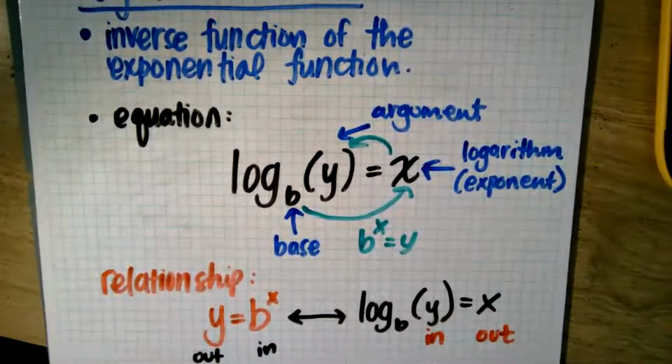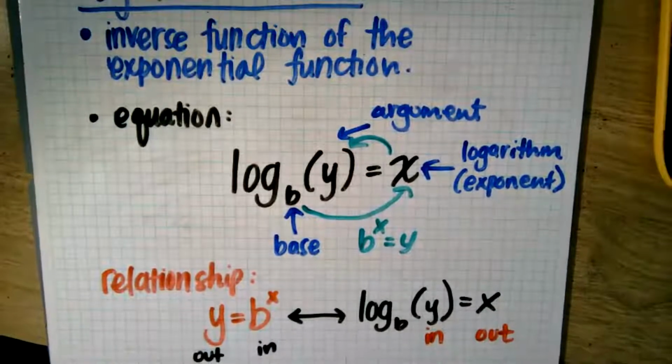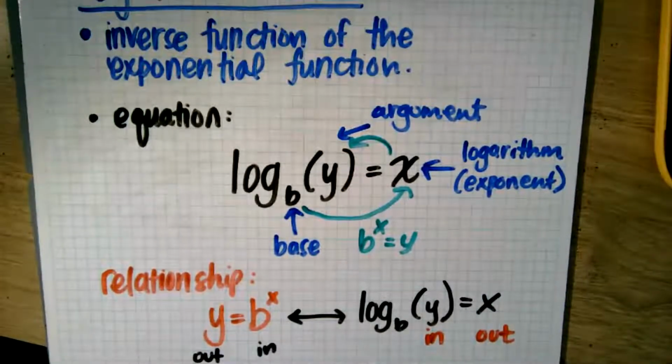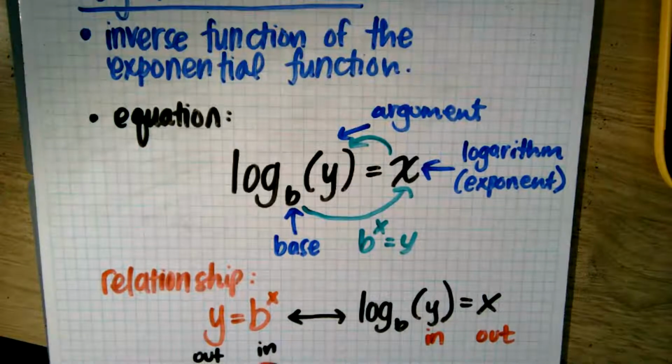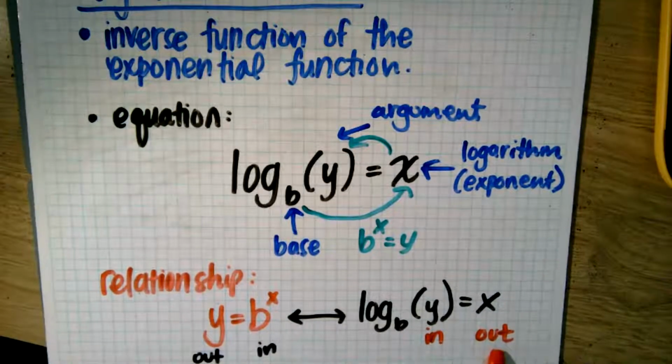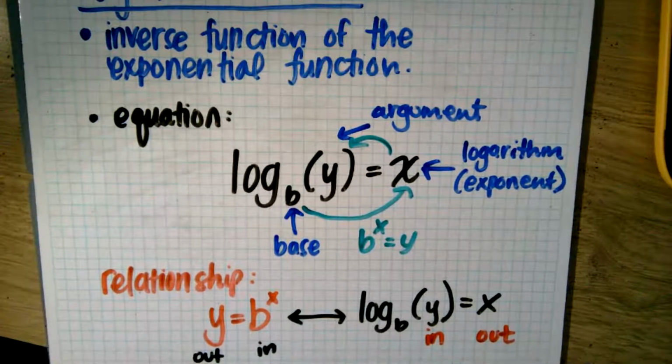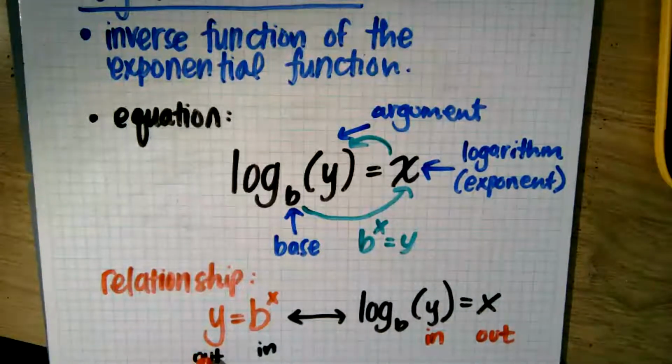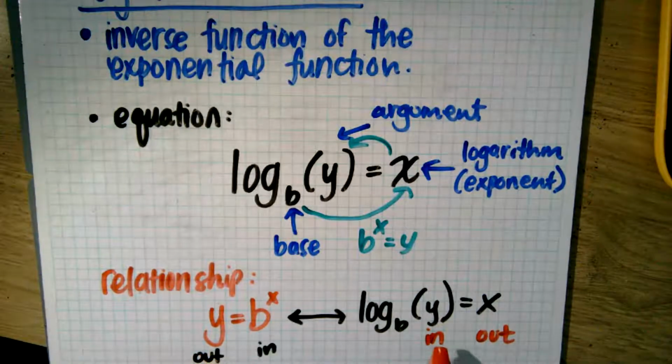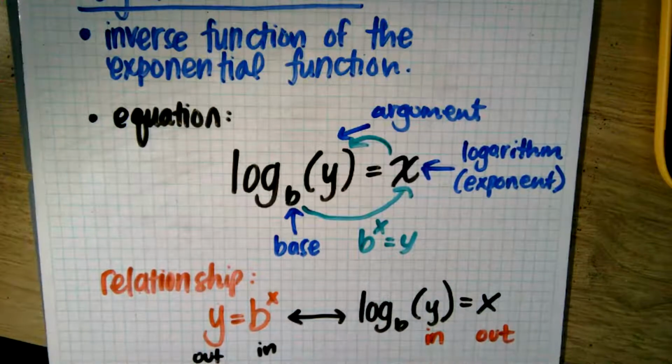Does it satisfy the definition of an inverse function? Yes, because the input of one becomes the output of the other, and the output of this one becomes the input of the other. So that's the first definition.